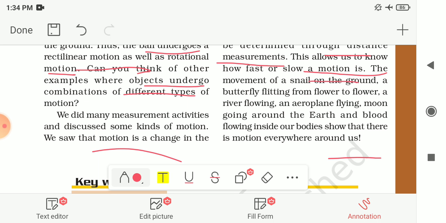The movement of a snail on the ground, a butterfly flying from flower to flower, a river flowing, an aeroplane flying, the moon going around the earth, and the blood flowing inside our body show that there is motion everywhere around us. So here our chapter number 10, motion and measurement of distance, gets over.